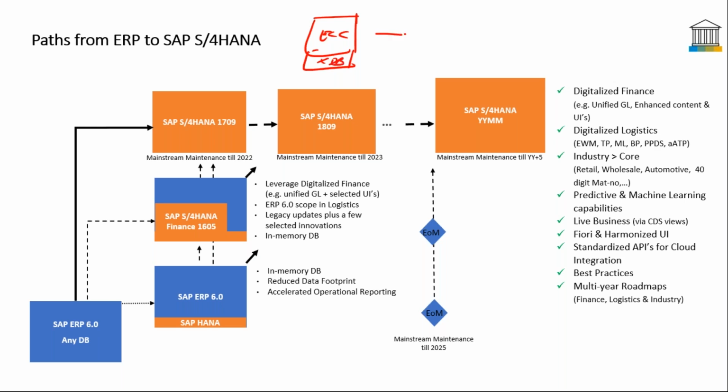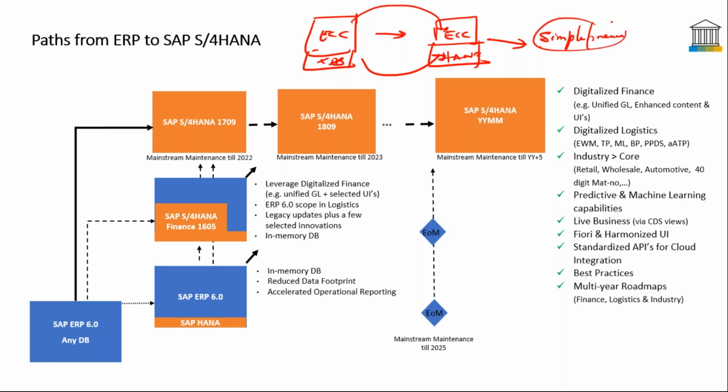The path he has to take is to migrate the database first to HANA, on which your ECC will be sitting. Next, he has to go for Simple Finance. Then he has to go for Simple Logistics. Normally this is the path that they follow.